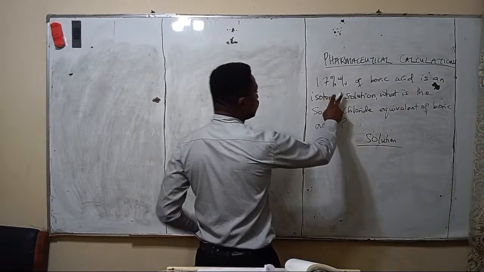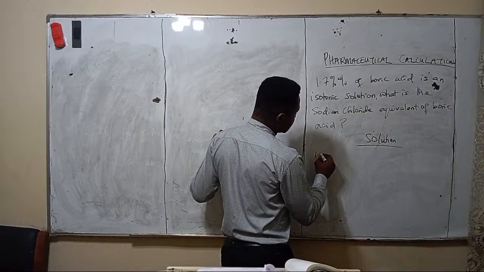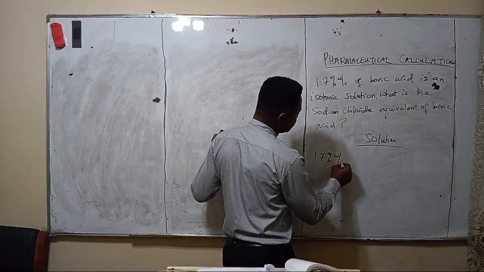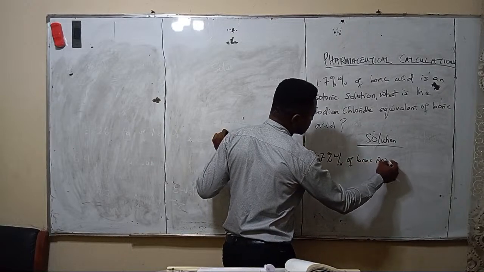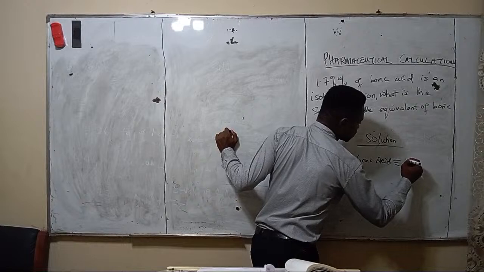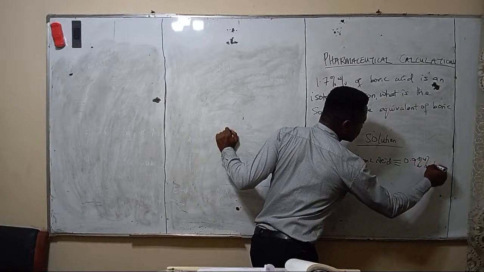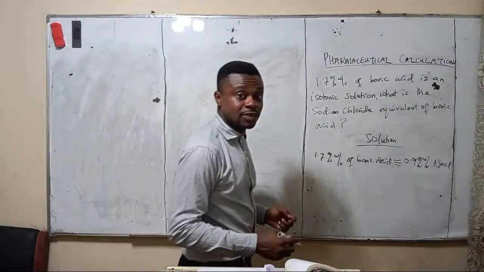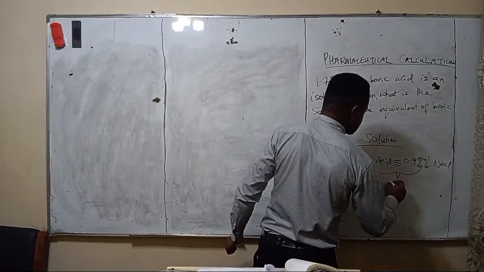So what this means is that 1.7% weight in volume of boric acid is equivalent to 0.9% weight in volume sodium chloride solution in terms of tonicity.